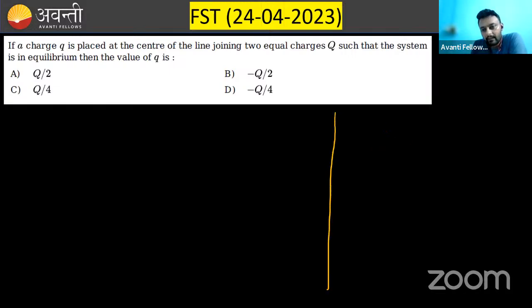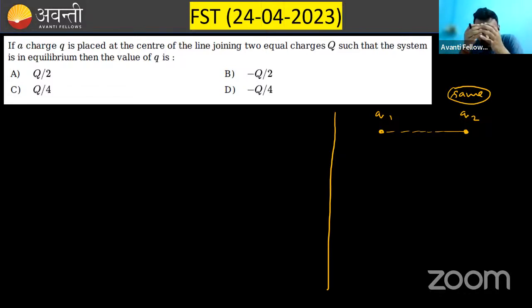Now, let's suppose two charges, Q1 and Q2, are placed at some separation, and both are of the same nature of charge. Either they are both positive or they are both negative.